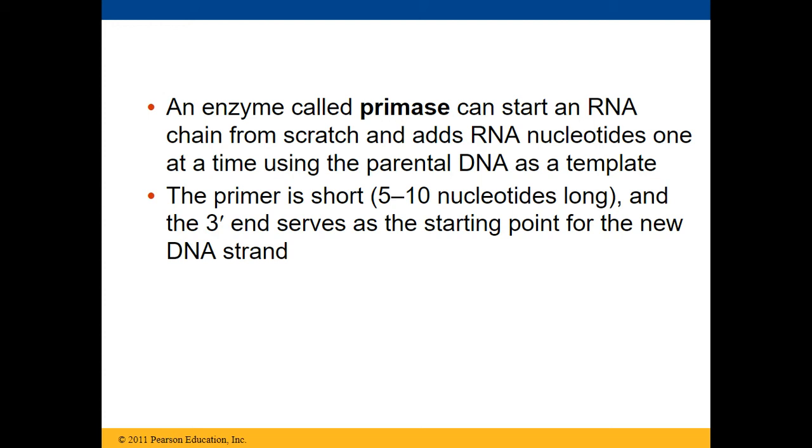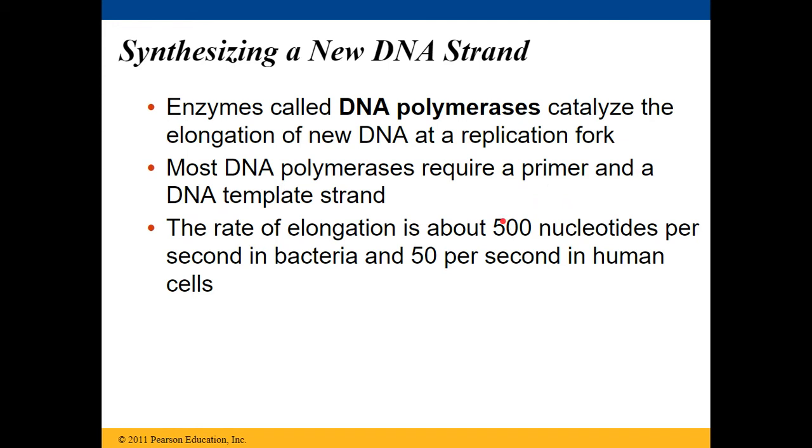The RNA primer is going to follow the same base pairing rules, A with T, C with G. The RNA primer is only about 5 to 10 nucleotides long and only starts at the 3' end to serve as the starting point for the new DNA strand. The enzyme called DNA polymerase catalyzes the elongation of DNA at the replication fork.